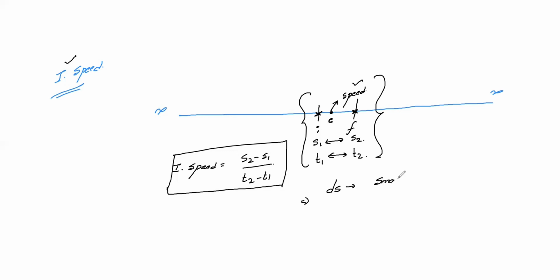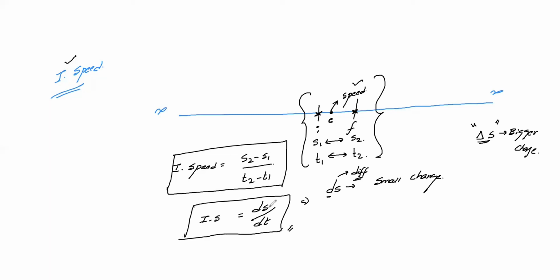Small change is specified as ds, d for differentiation. When discussing a bigger change, I'll take it as del s. Here I'm talking about the small change, so I can rewrite the instantaneous speed as ds by dt.